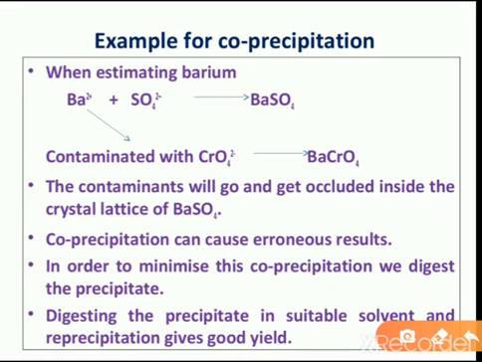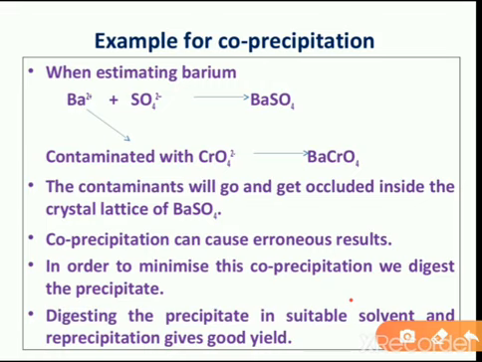We know that barium nitrate and barium chloride are soluble in the solution, but during the precipitation of barium sulfate, these soluble compounds occlude on the barium sulfate particles. They are carried down with the barium sulfate precipitate, and this is how co-precipitation occurs.